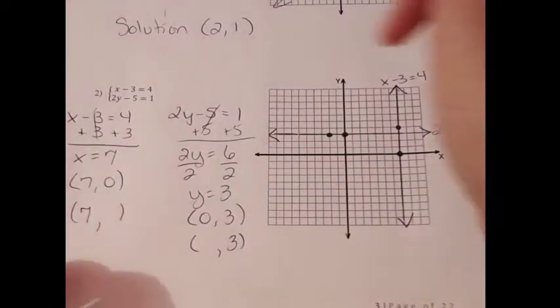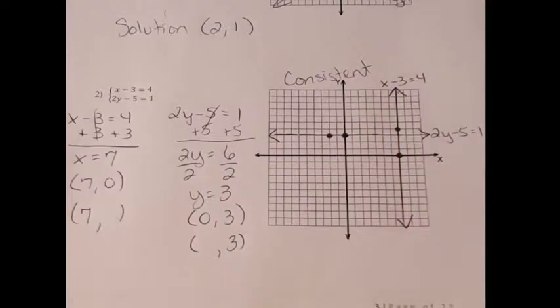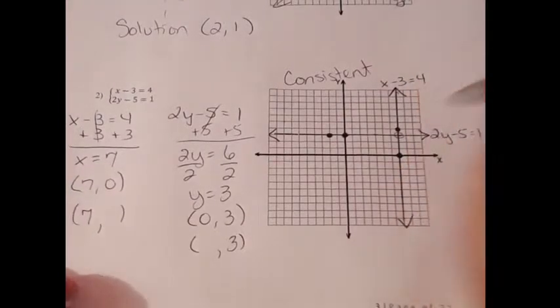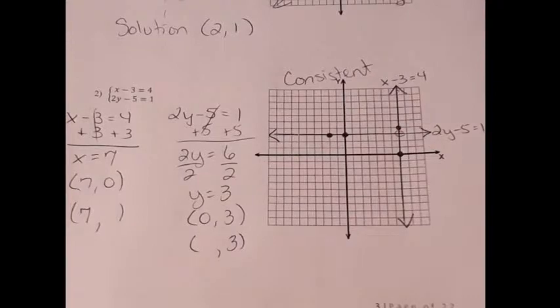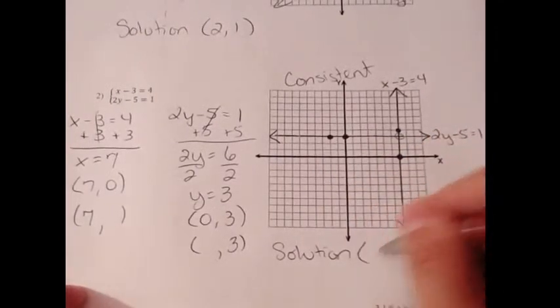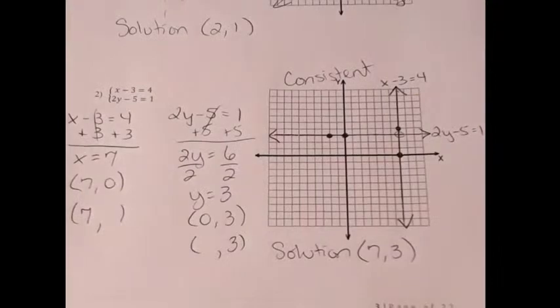Notice here that we also have a consistent system. We know it's consistent because there's one point of intersection, and that's right here. Do you see where these two lines intersect? So the solution in this case would be the intersection 7, 3.